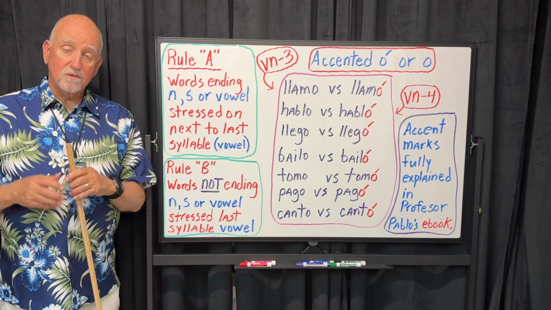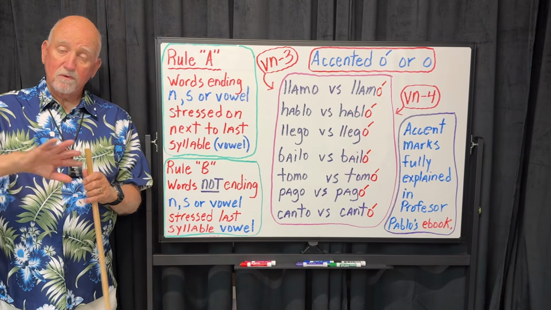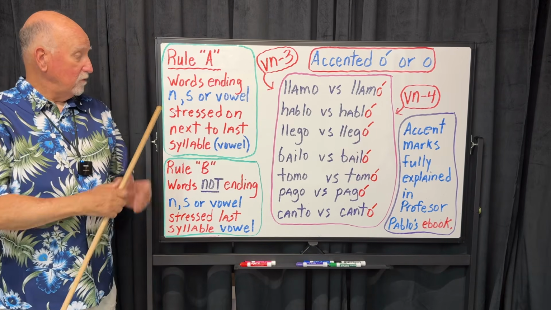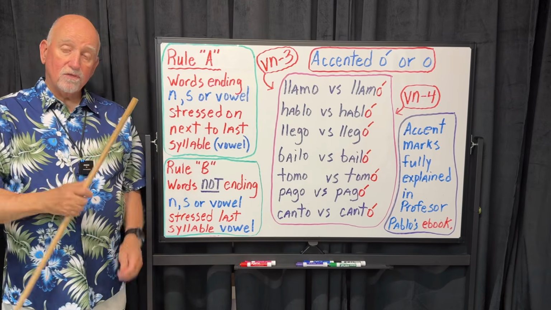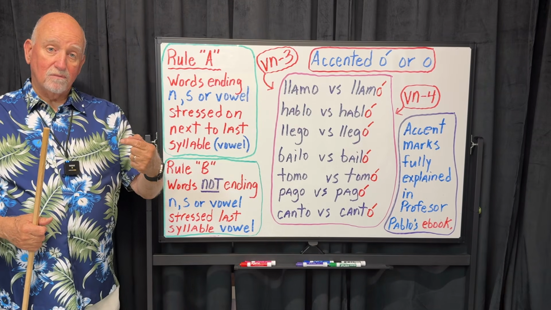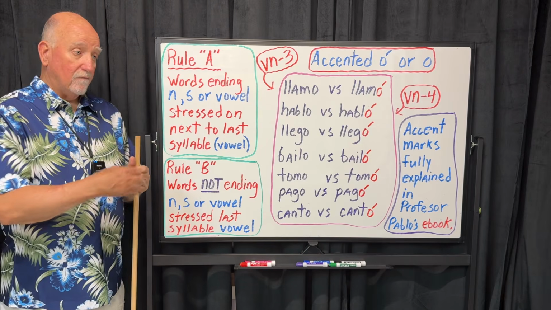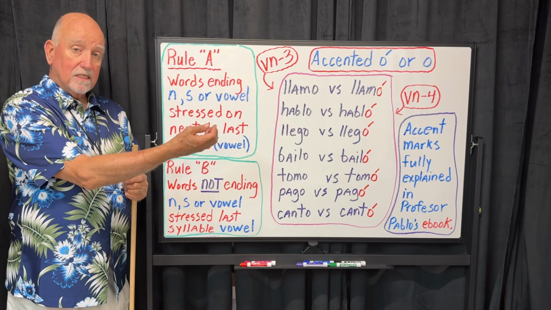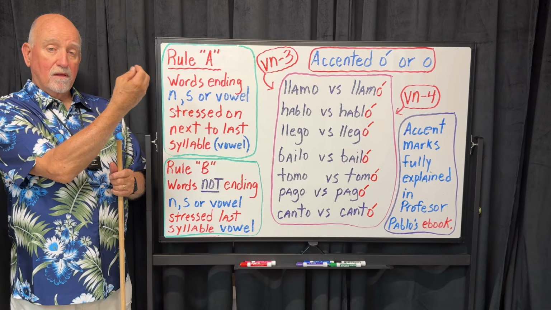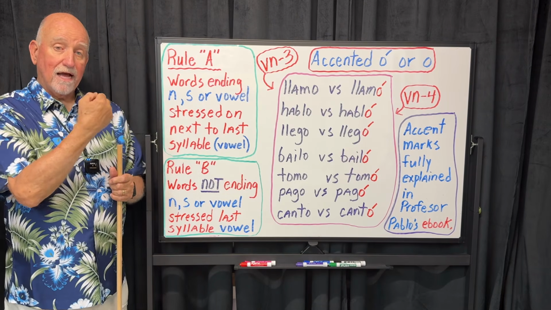There are some syllables with two vowels, like in diphthongs, but that's something else for another time. So remember that words that end in N, S, or a vowel are to be stressed on the next to last syllable, right? So if a word ends in a vowel, it should be stressed not on that vowel when you pronounce it, but on the second vowel back from the end.